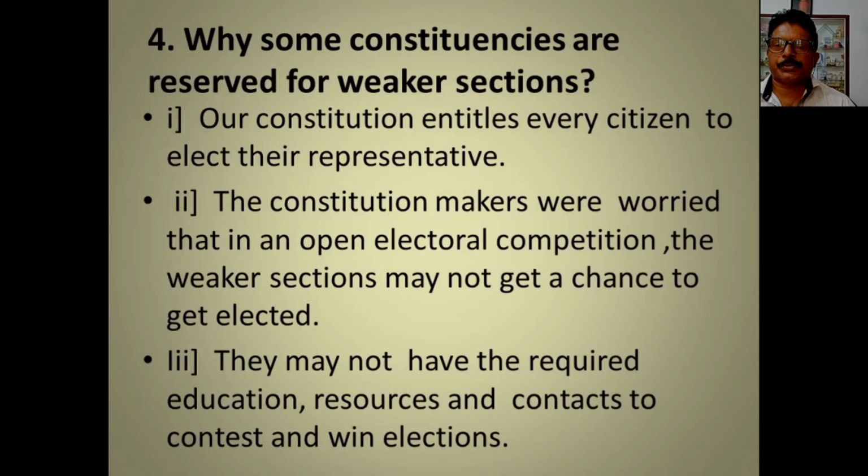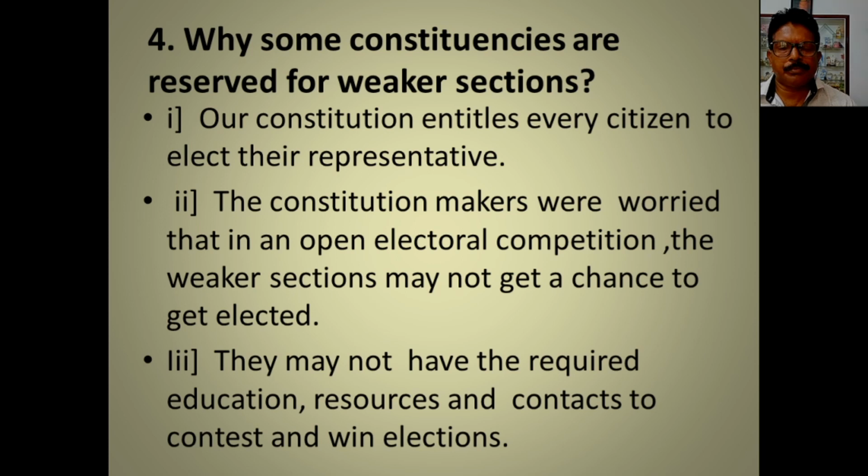Let us come to the next question. Why are some constituencies reserved for weaker sections? Weaker sections means scheduled castes, scheduled tribes, and other backward classes, or OBC. Our constitution entitles every citizen to elect their representatives.